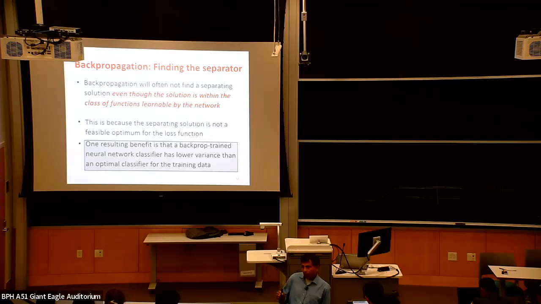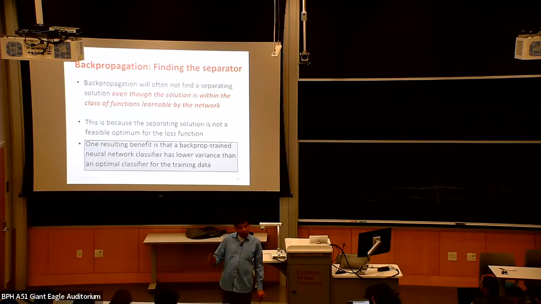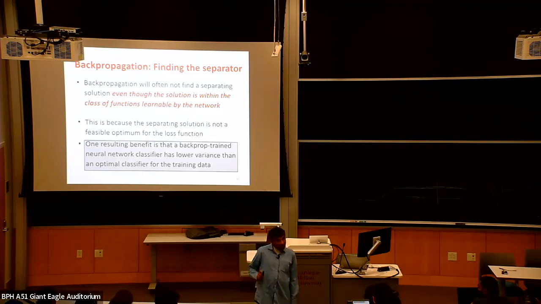And so there's no guarantee that minimizing the loss will always minimize the classification error, right? One resulting benefit is that the backprop trained neural network has lower variance than an optimal classifier for the training data. So the optimal classifier could still separate the training data, while the backprop trained classifier might not.